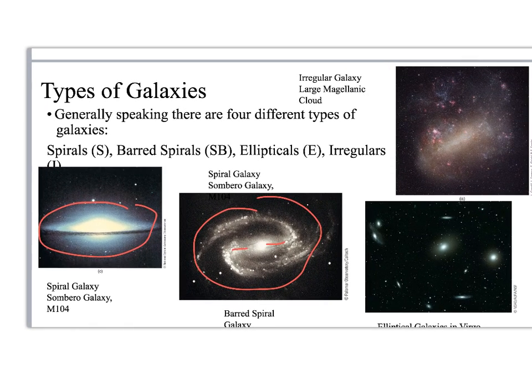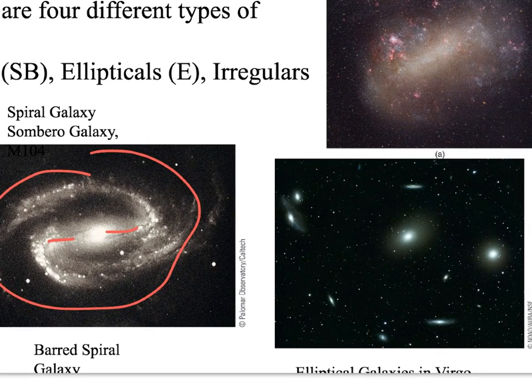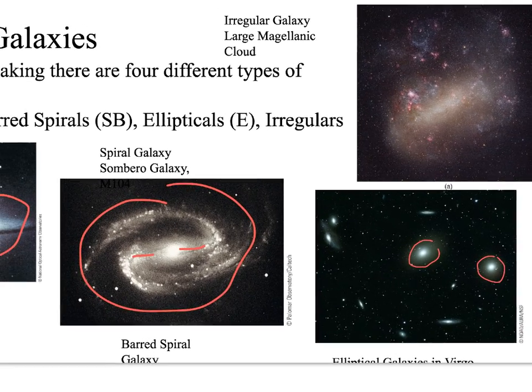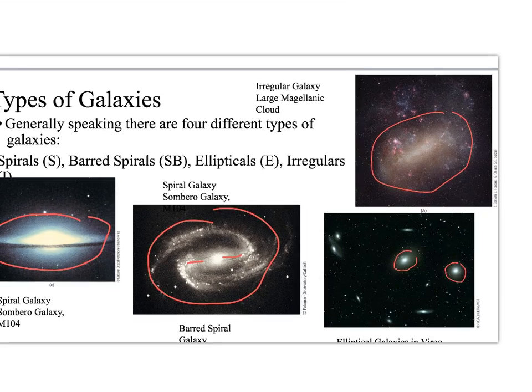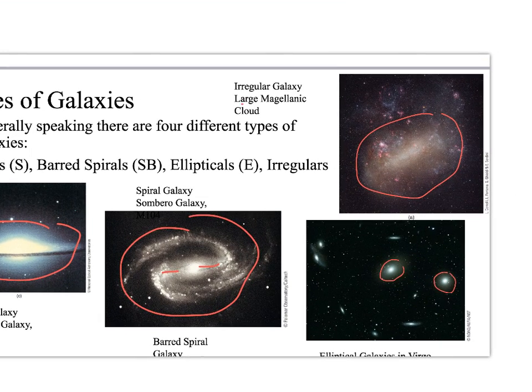As it turns out, we're now thinking that our Milky Way galaxy is more of a barred spiral than a spiral. Ellipticals don't have arms. And then the other one is irregulars. I think this is the Large Magellanic Cloud. We can't see that from the northern hemisphere. It's totally on my bucket list to see it in the southern hemisphere.